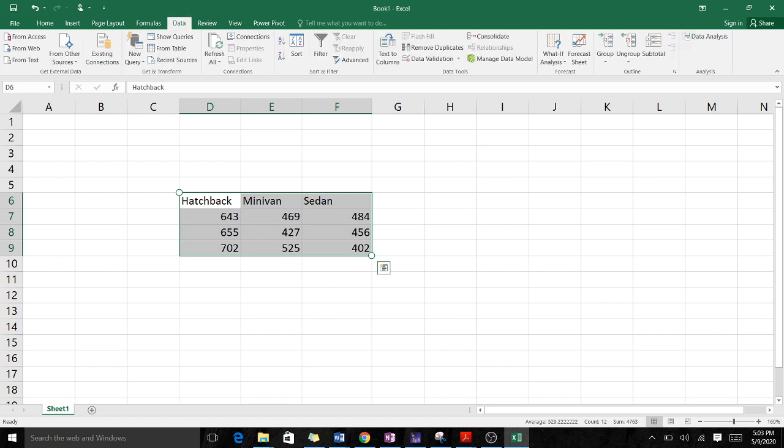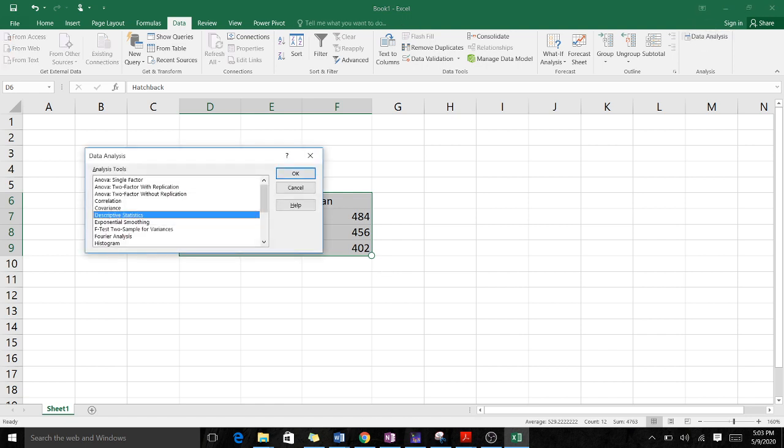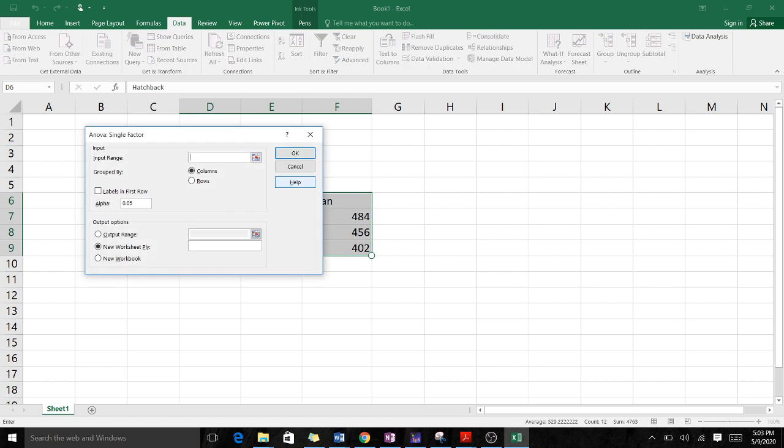When you go to Data, we have Data Analysis here. If you haven't used Data Analysis before, you might not see it, so you have to add it. When you go to Data Analysis, realize that it is loading. Then we are doing ANOVA single factor, so we come to ANOVA single factor. Then we click on OK.